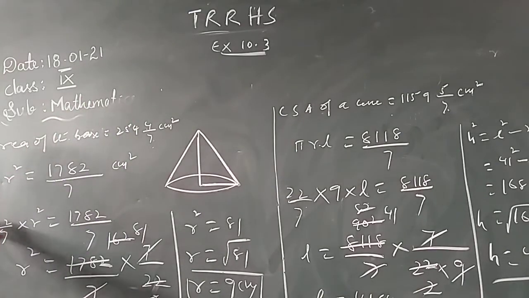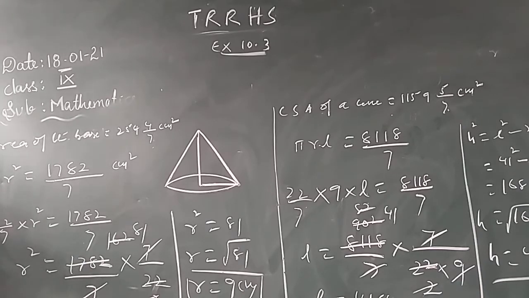Volume of cone is equal to 1/3 pi r square h. So 1/3, pi value is 22 by 7, the radius is 9, 9 square is 9 into 9, and h is 40. Now 3 1s are 3, 3 3s are 9.